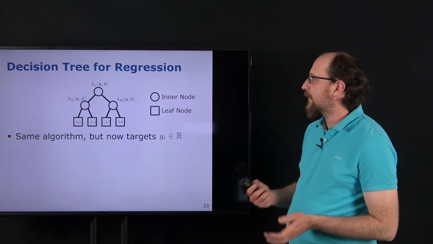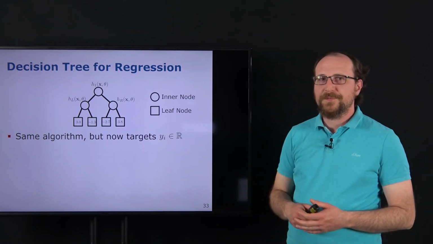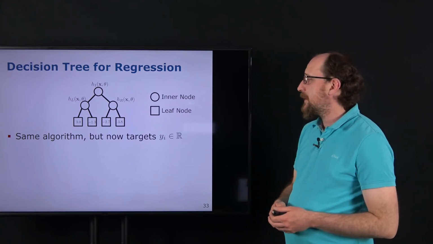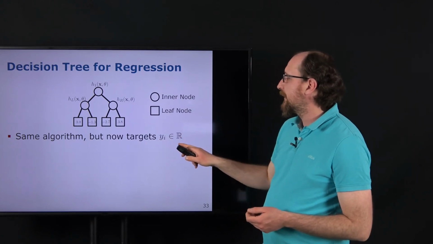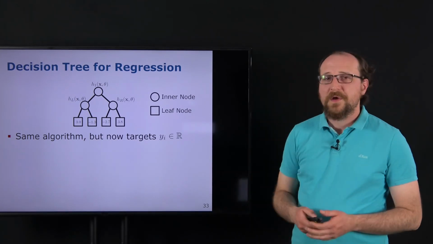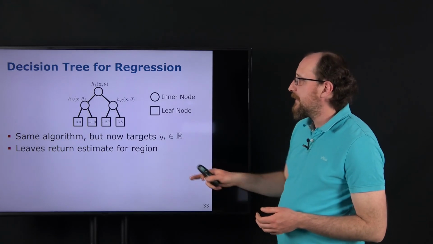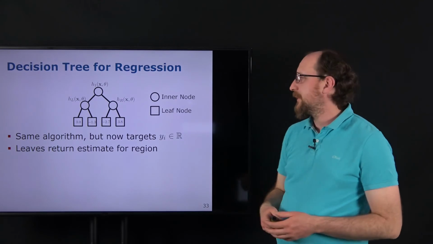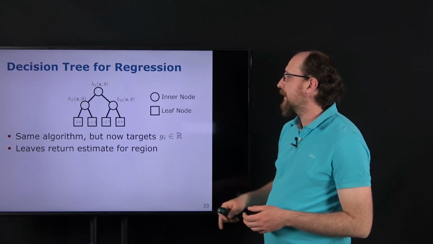For the regression part, we have the same algorithm in the end as with learning decision trees. You recursively build the tree, but now the targets are not classification labels, but real values. Of course, we have to return in the leaves not a class distribution anymore, but the functional value, the y_i, some real value.